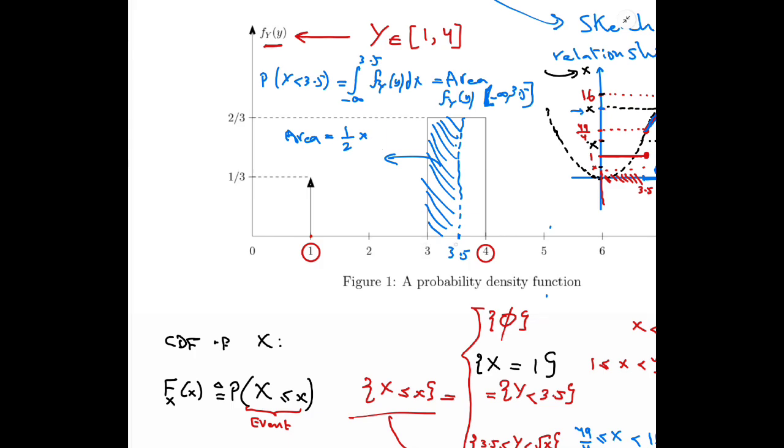1/2 times the area of the full rectangle, which is 4 minus 3, 1, times the height, which is 2/3. And the answer is 1/3. Plus the area under this delta function, which is also 1/3.